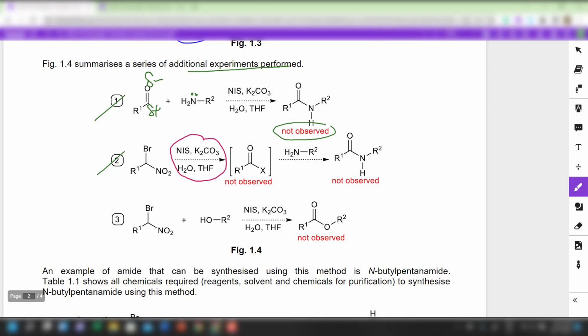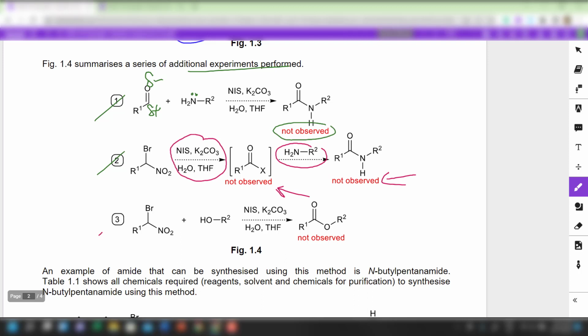Yeah, because you might be wondering that maybe the nitro group can potentially hydrolyze to give me some form of carboxylic acid derivative, and then in the process maybe this reaction undergoes some form of addition elimination mechanism, which we are more familiar with from H3. Yeah, but of course this pathway is likely to be ruled out because the carboxylic acid derivative is not observed, and the amide product is not observed as well.